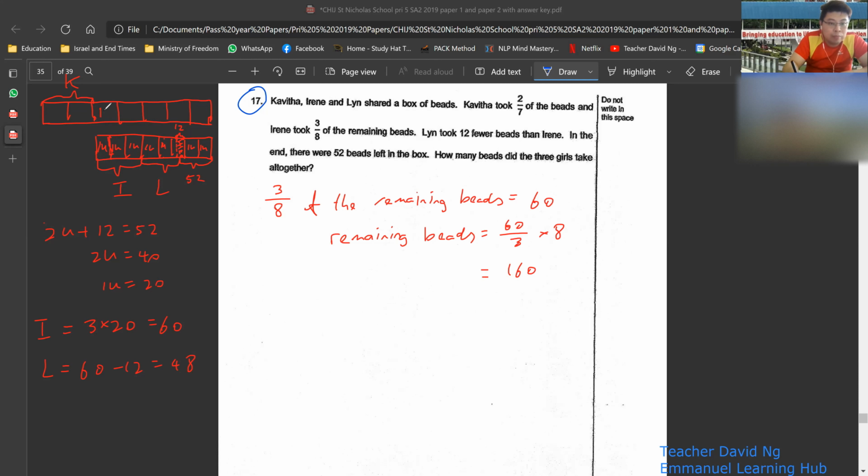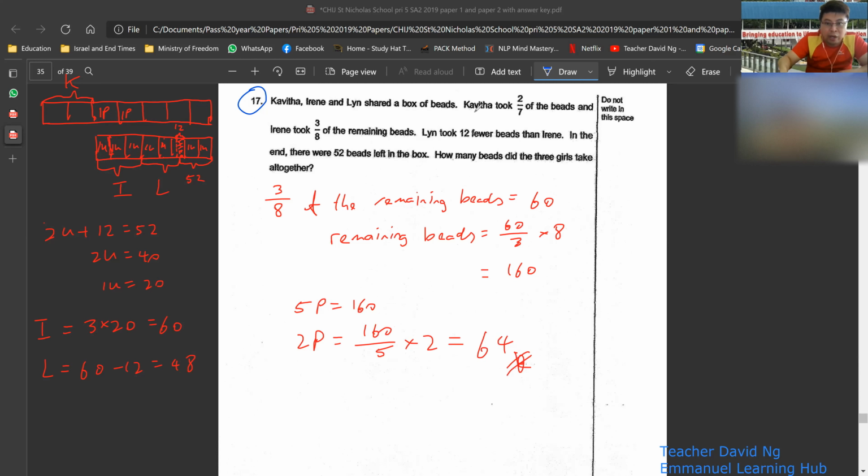Then this one is 5 parts. Then 2 parts. Okay, this one ask the good friend again. The good friend will tell you 64.